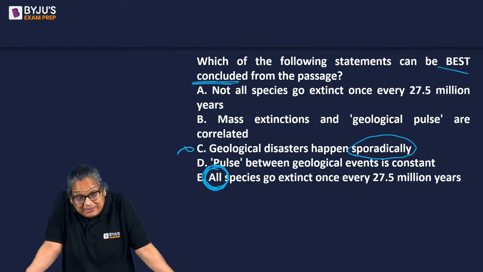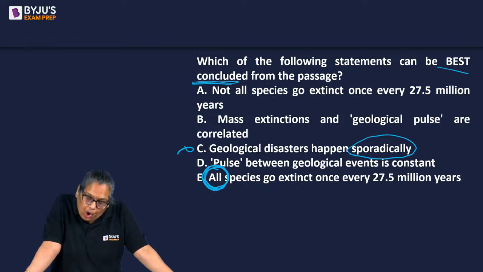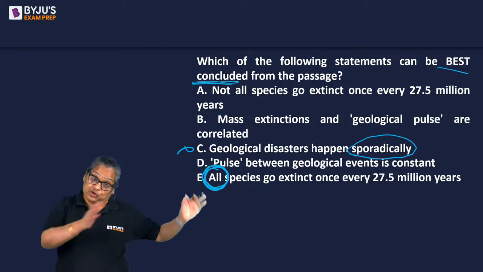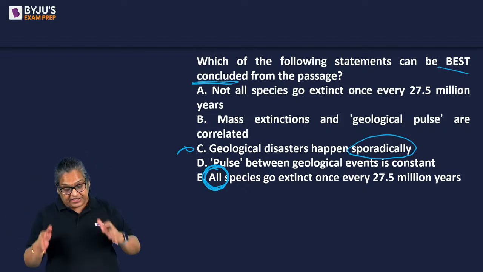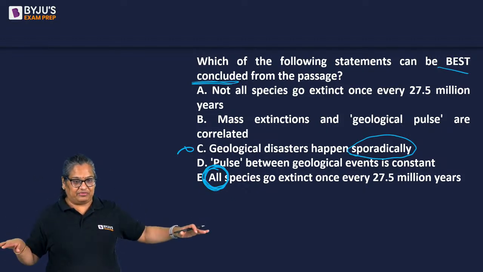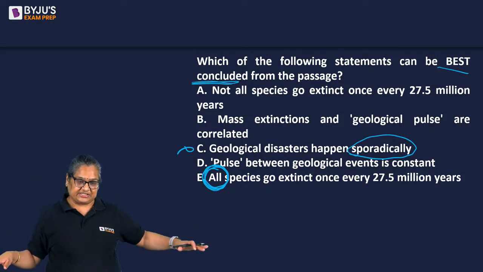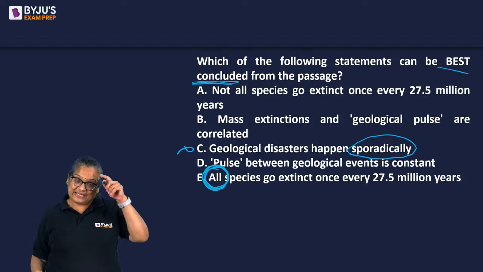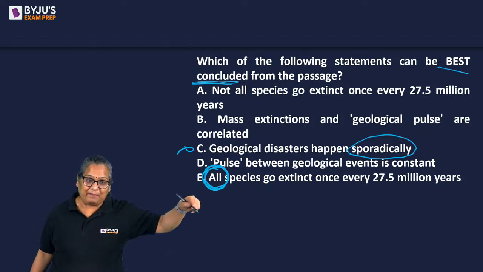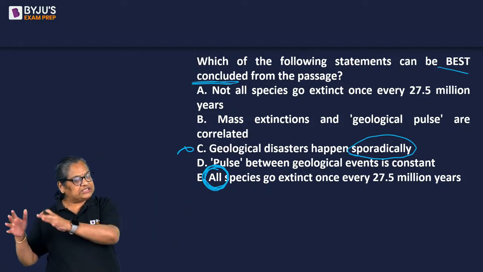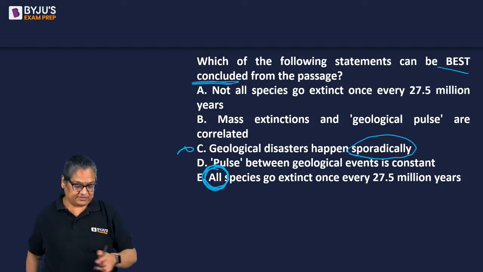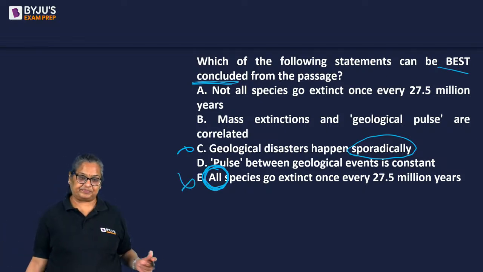It follows the same cycle, which does not mean all will go extinct at that particular period. Did you get the difference? In this option you are saying every species follows the same cycle and goes extinct every 27.5 million years. He is saying extinctions also follow a pattern, a cycle of 27.5 million years. So this is also not correct.